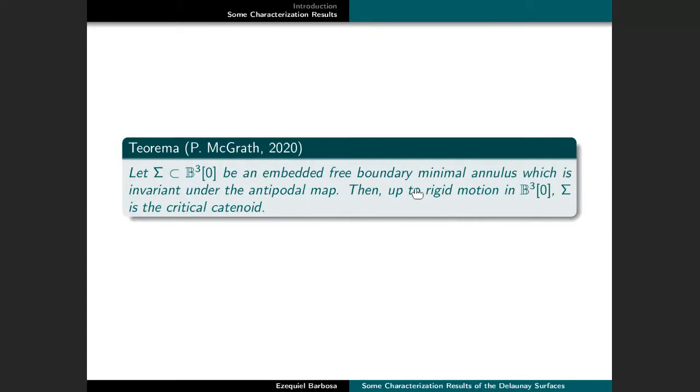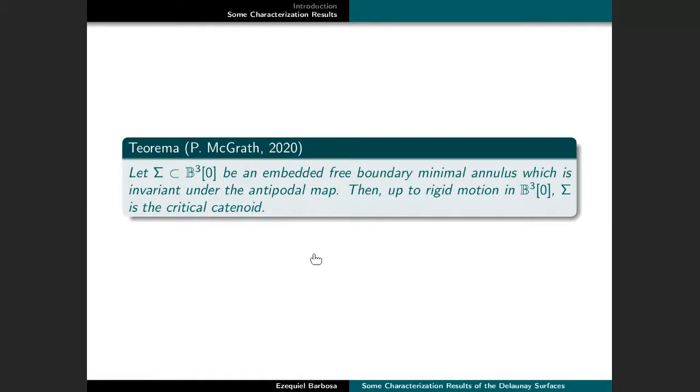But just to mention here, McGrath proved very recently, exploring that kind of two-piece property for the free boundary situation, that if the surface has this antipodal map symmetry, then this surface should be the critical catenoid.